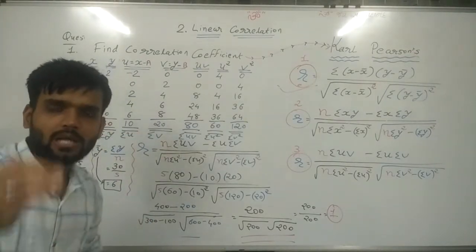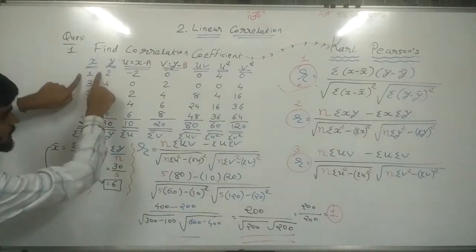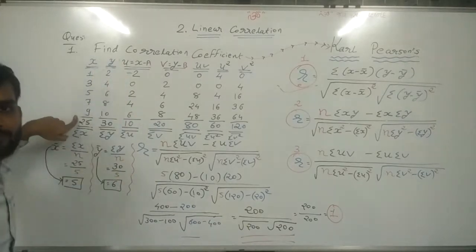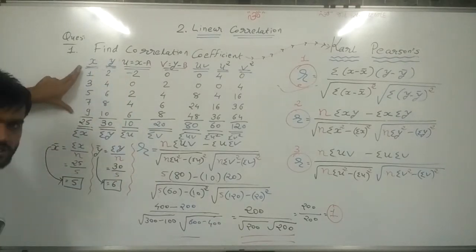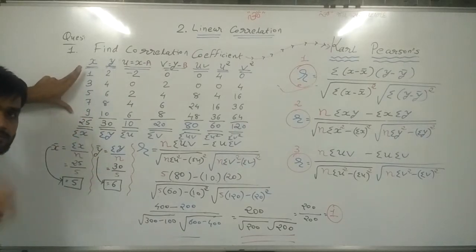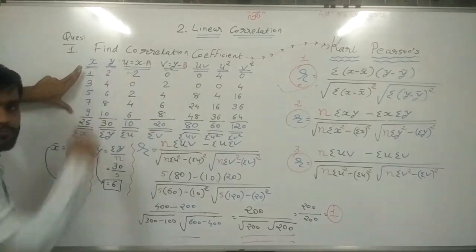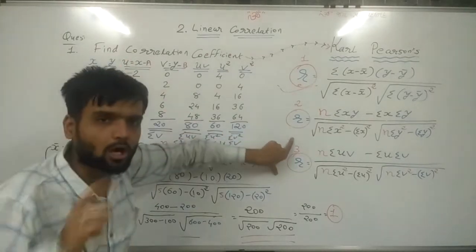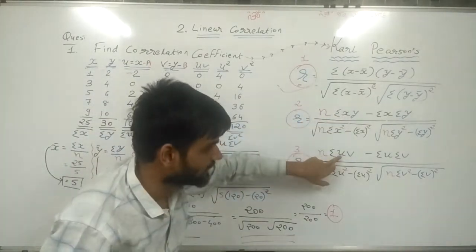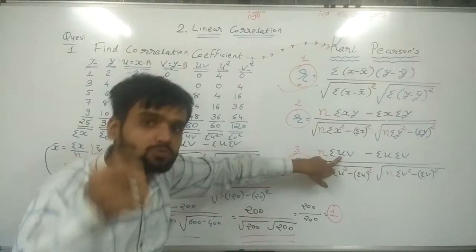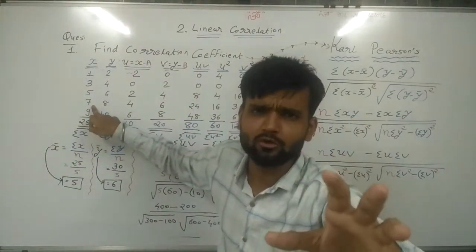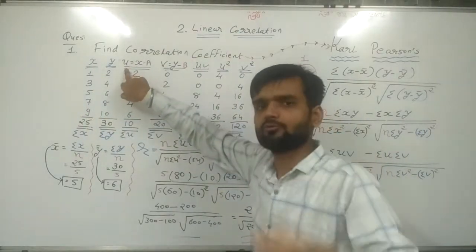You deduct the assumed value from all the values of x, then we get u. That's why in the formula I told you to replace x by u. Because by deducting any assumed value from x, we can find u.